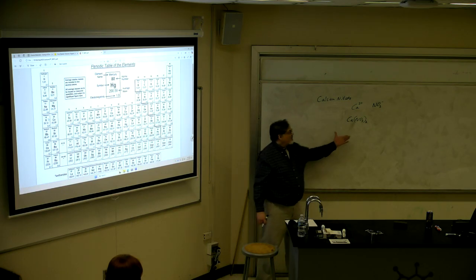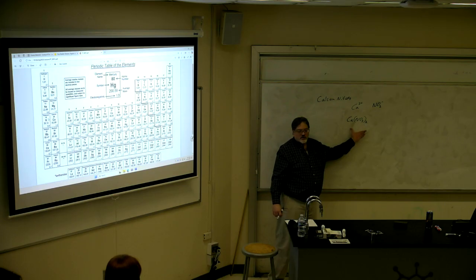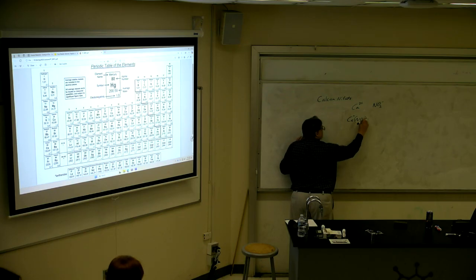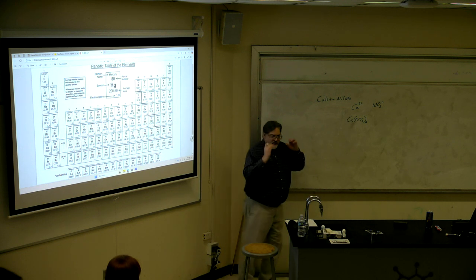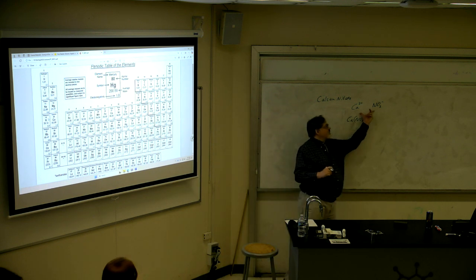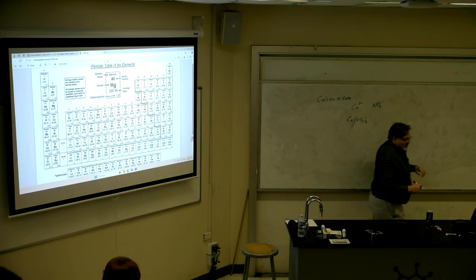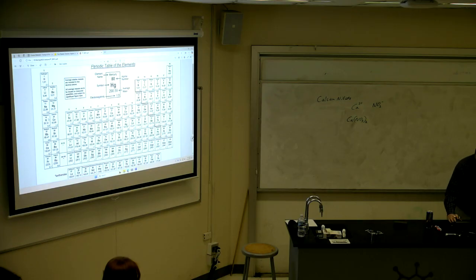Once these are put together, they're neutral, and there's no charges. I mean, technically, this is 2 plus, and this is 1 minus. But once you write the formula, you don't need to write the charges. So I've got these separated out like this, so I wrote the charges. But when I brought them together, everything's neutral. I mean, they are still technically charged, we just don't write the charge.